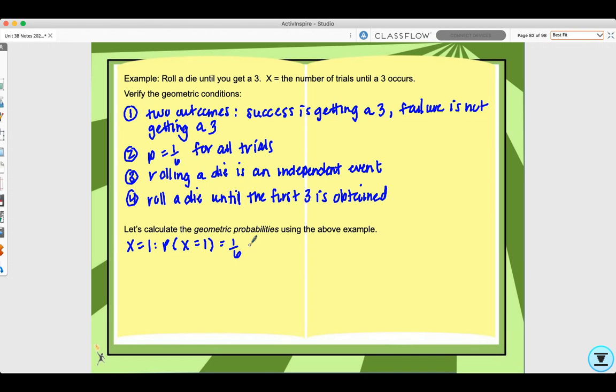So on my first roll, I get a 3, and that would be 0.167. The probability of x equals 2 is the probability that on my second roll I get a 3, which would mean on the first roll I don't, so that would be 5/6, times on my second roll that I do, which would be 1/6, which would be 5/36, which equals 0.14.